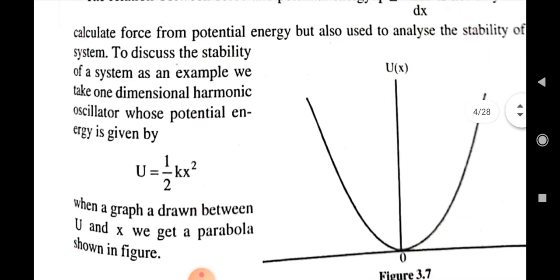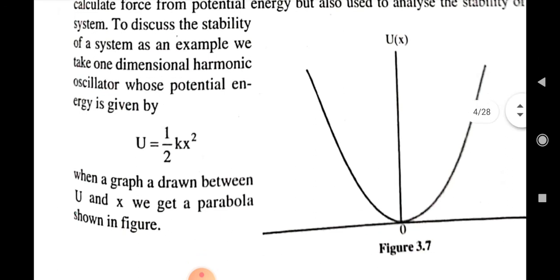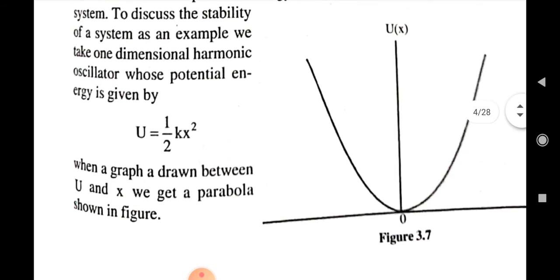So here we can draw a graph like this. What will be the effect? The point origin, that is 0,0, look at that point, it is a stable equilibrium point. What will be the effect on the right hand side?